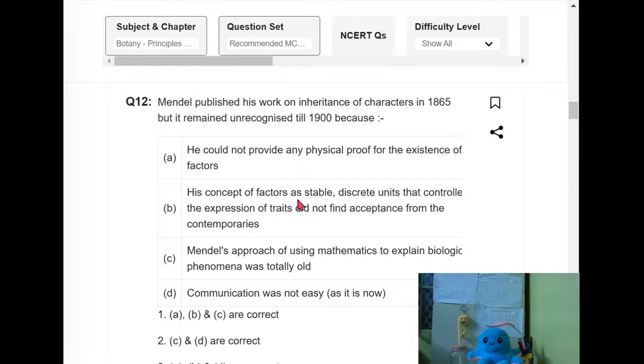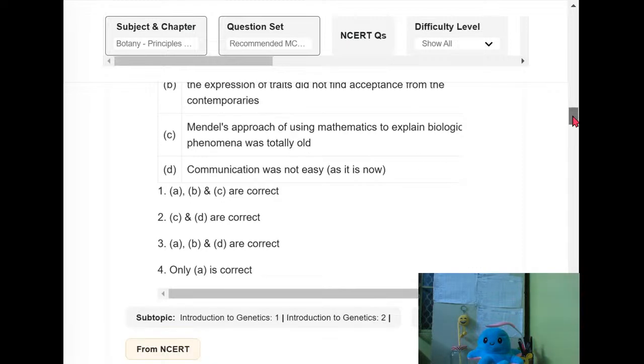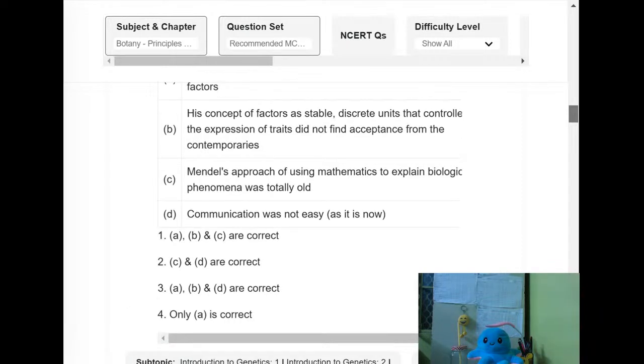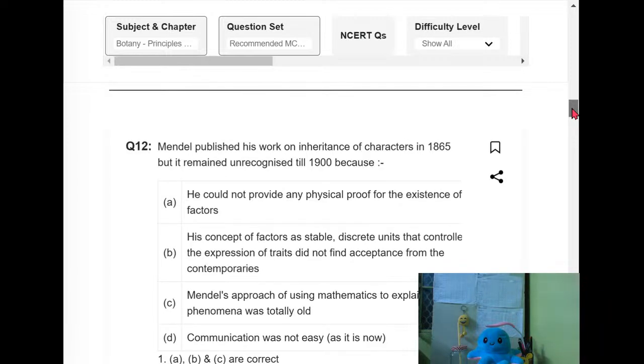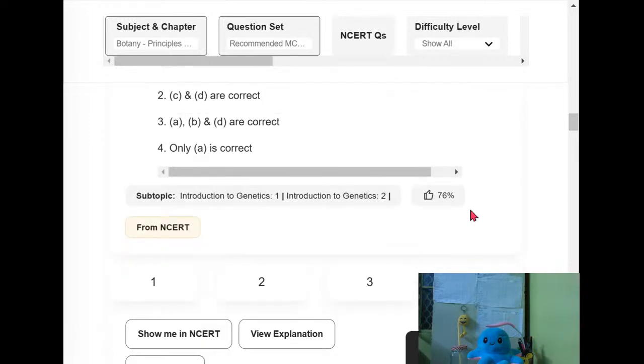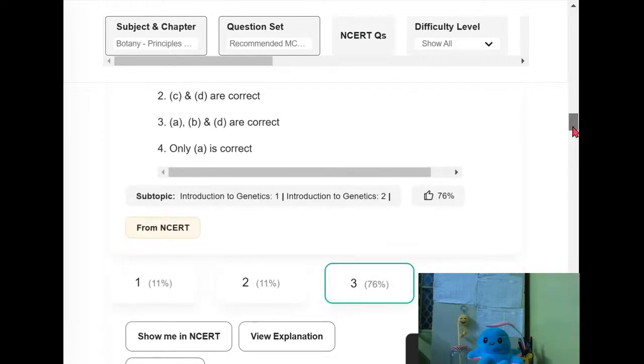His concept of factors as stable, discrete units that control the expression of traits did not find acceptance from his contemporaries. Mendel's approach of using mathematics to explain biological phenomena was totally new. Communication was not easy as it is now. D is confirmed. A, B, D and C, D. C is not, for sure. So we have A, B, D: could not provide any physical proof. Yes, this is fine. So we go with A, B, D. Third, this is the right answer.